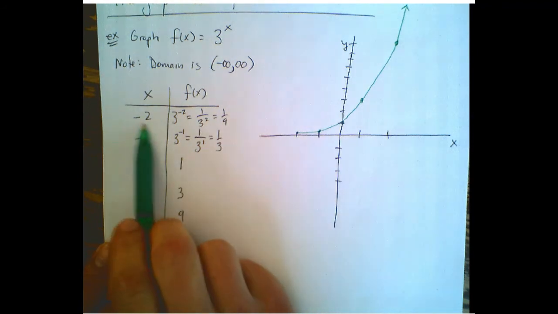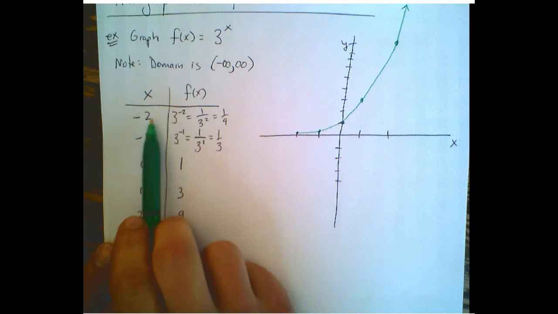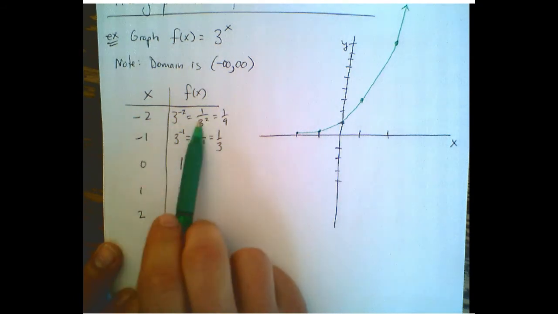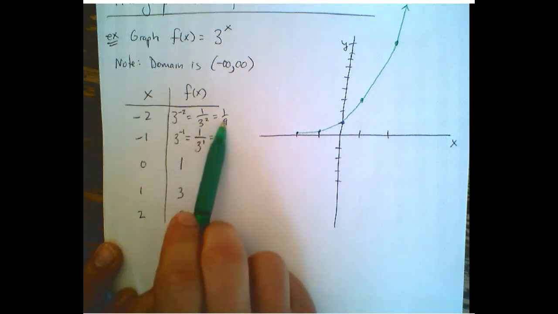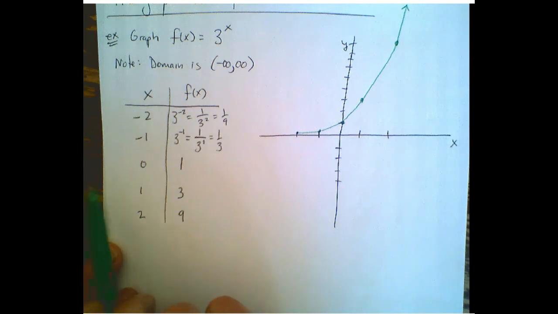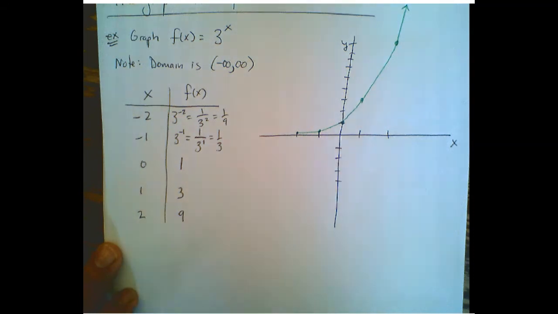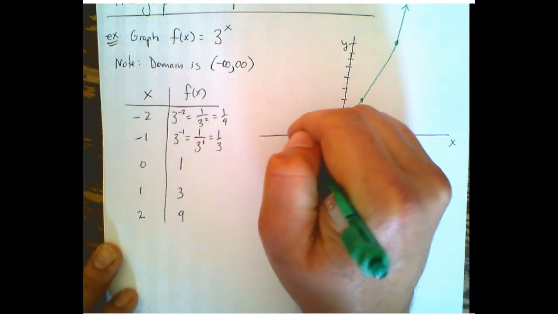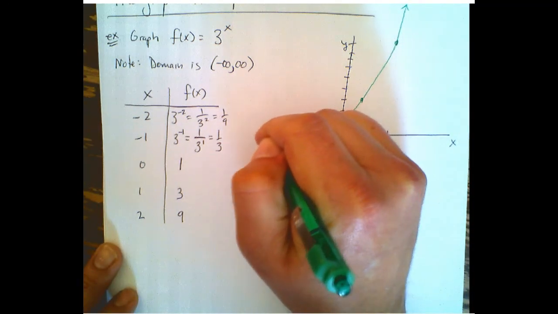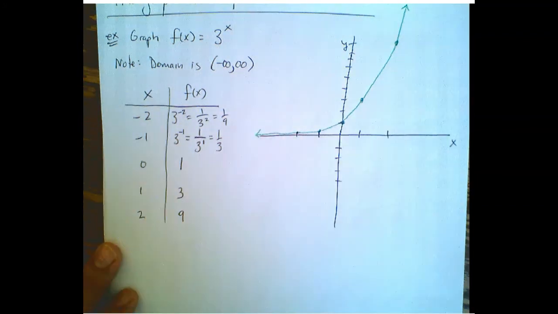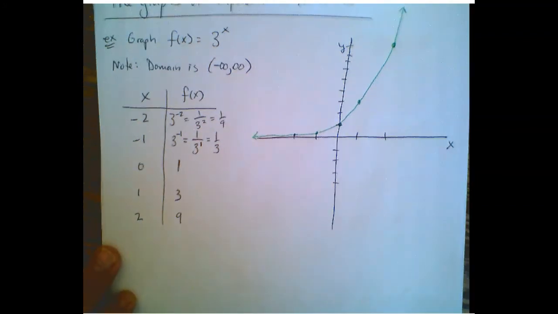Well, let's think. If we were to go out to like -10, 3 to the -10 is like 1/3 to the 10th power, which is just some really small number, right? And if we continue on, it's never going to be equal to 0. So what happens is that this guy just rides along the axis, getting ever closer and closer as we go in that direction, right?